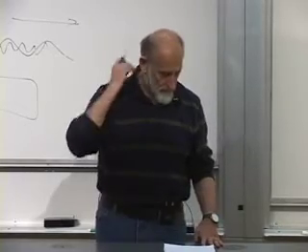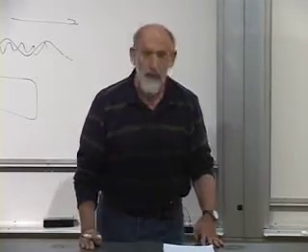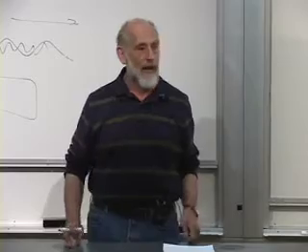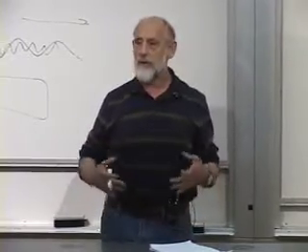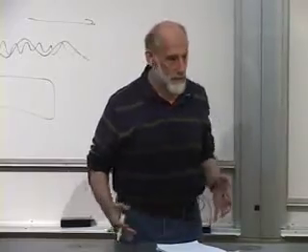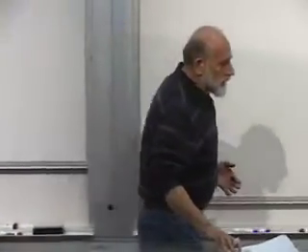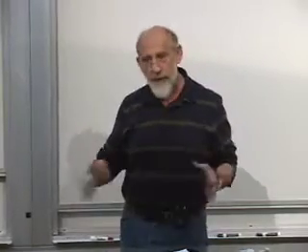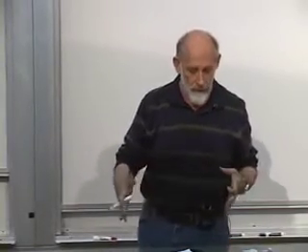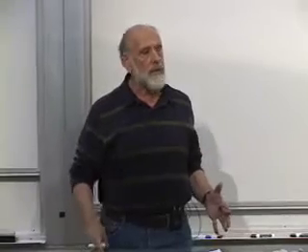The other thing that it was in conflict with was the principle of statistical mechanics. According to the principles of statistical mechanics, there's something called the equipartition of energy: if you have a collection of harmonic oscillators, and it doesn't matter what the frequency of the oscillators are, there are many, many different oscillators with different frequencies, when they come into thermal equilibrium, each one has the same amount of energy.